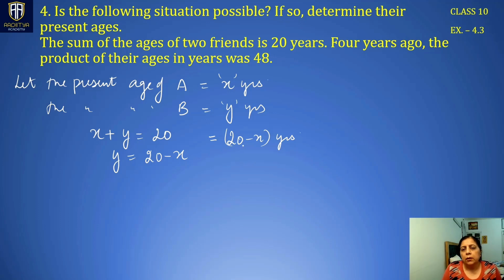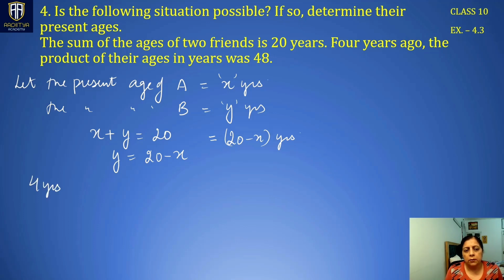Now further he says 4 years ago. Now he is developing the relationship between the ages of the two persons 4 years ago. So in such cases, first of all, we have to calculate their ages at that moment.